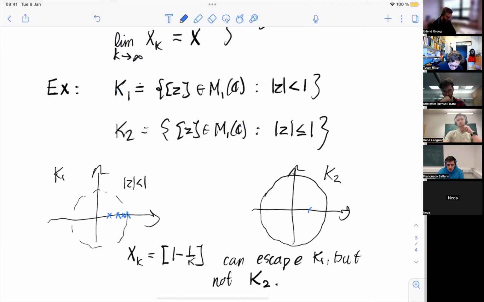So this is a sequence that approaches more and more the boundary. And since the boundary is not included in K1, the limit, which is 1, is outside, whereas here the limit is inside. So that's what we mean with closed.